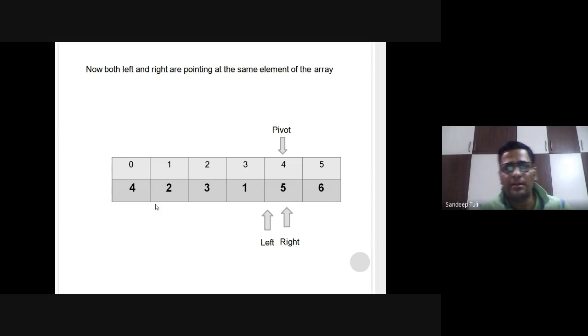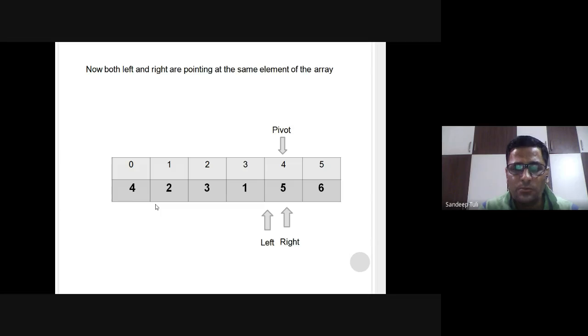Now let me clear the concept of pivot element. Many confusions are happening, so let me clear them. Pivot element can be any element of your choice from within the array. For convenience and ease, we are taking the first element as the pivot element.